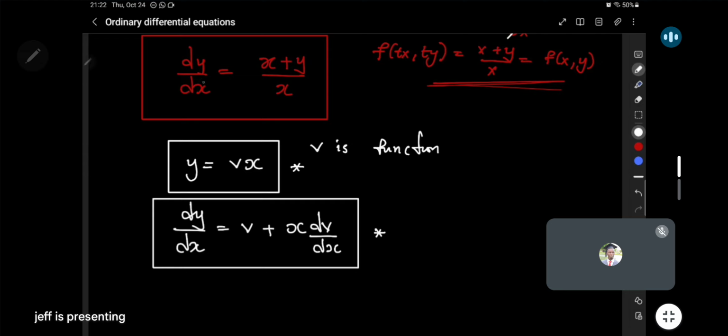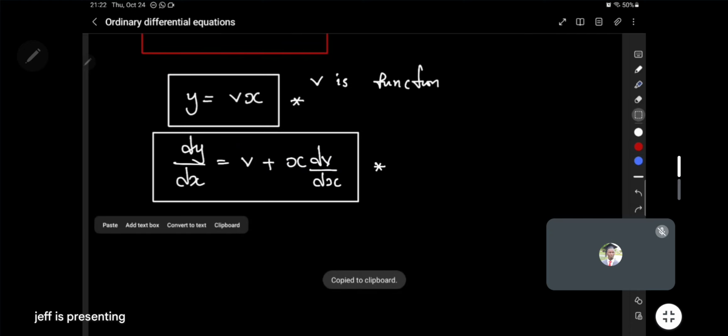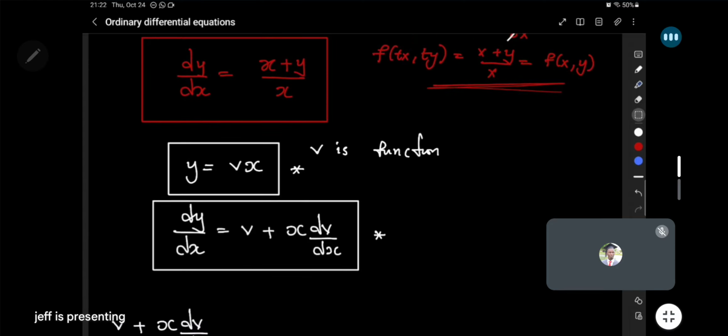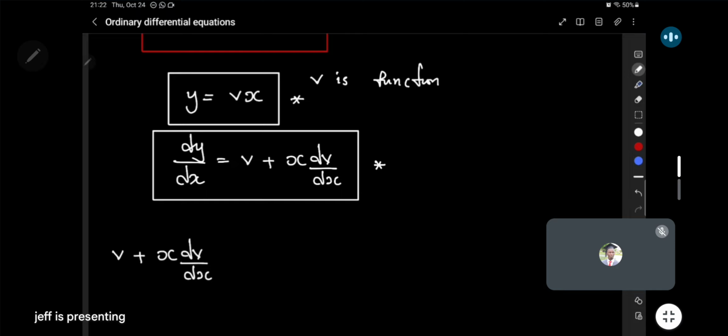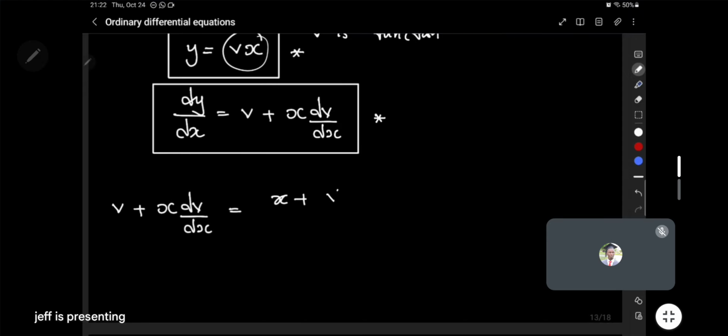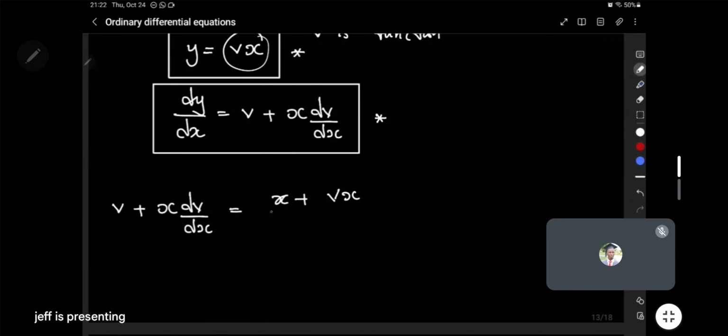Where there's dy/dx, I'll put this. Then on the right side, where there's x, x will remain, but where there's y, we substitute vx.